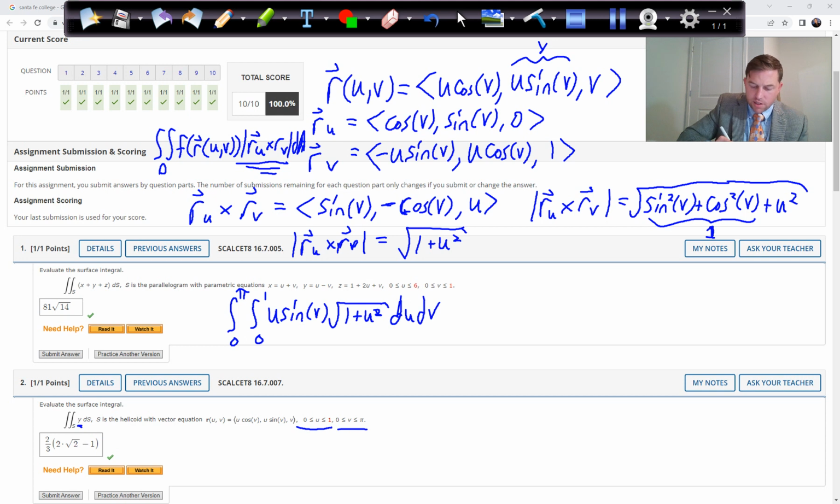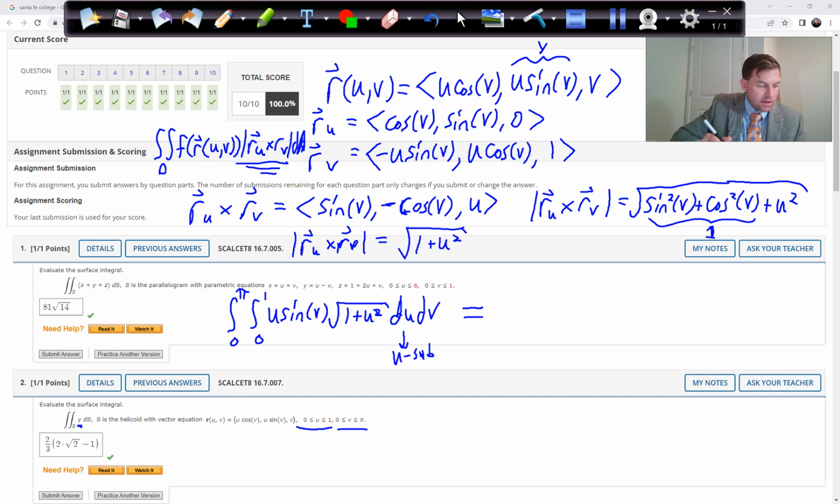So to do this du, you're going to use u substitution. It's kind of interesting doing u substitution on something that has u in it already. So maybe you want to use a different letter, pick whatever letter you want. But basically you're going to say that if I pick u to be 1 plus u squared, the derivative is 2u, and you can get that u to go away. I'm just going to jump to it because we've done plenty of u substitution integrals.